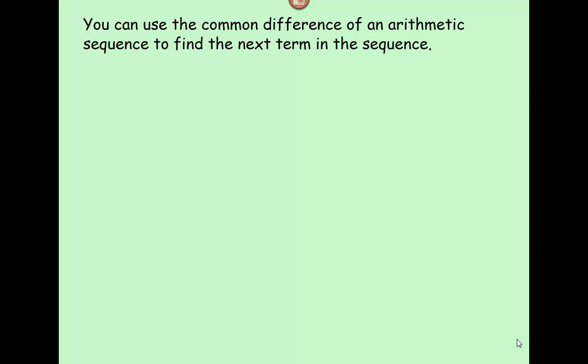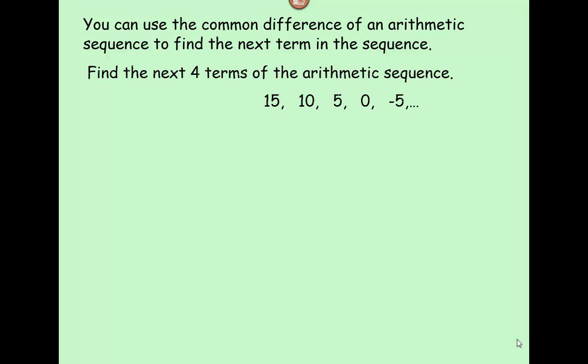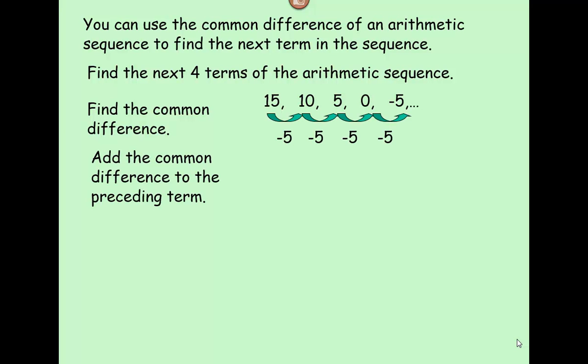So you can use that common difference to keep a sequence going. Remember, we said that it goes on forever. Sometimes we will ask you to find the next 3 or 4 terms. So, for example, here's a sequence, and I'm going to ask you to keep that sequence going for 4 terms. In order to do that, you have to find the common difference. You have to find the pattern.